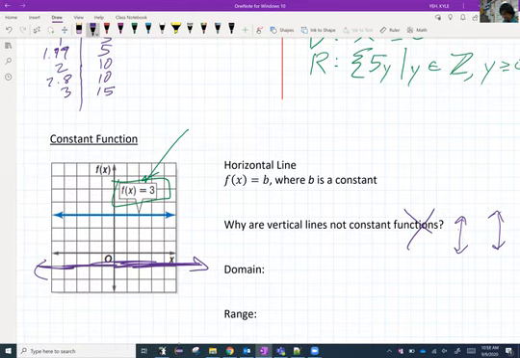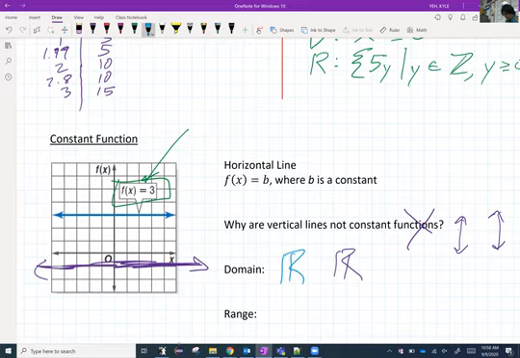What is the domain of the blue line on the left? Domain, it's going to the left forever, right forever, all real numbers. How about my purple line? All real numbers. Every constant function will have a domain of all real numbers. What about the range?